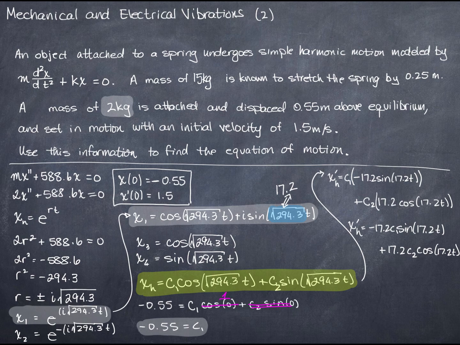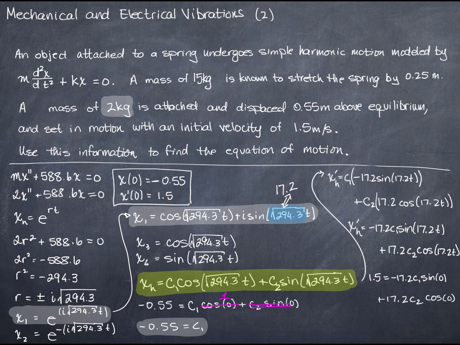And now I can plug in the values for the second set of conditions here. So let's do that. When t is 0, x prime is 1.5. So I get negative 17.2 C1 times the sine of 0, plus 17.2 C2 times the cosine of 0.